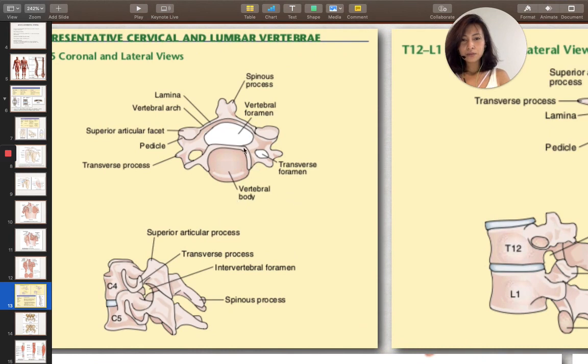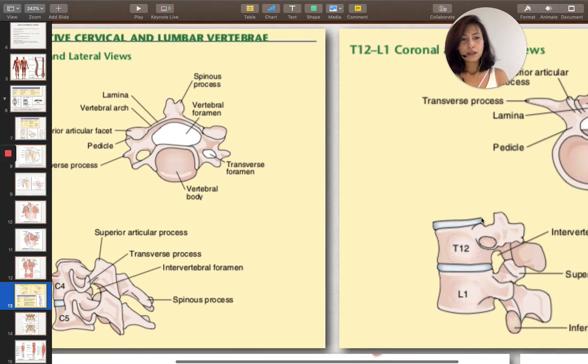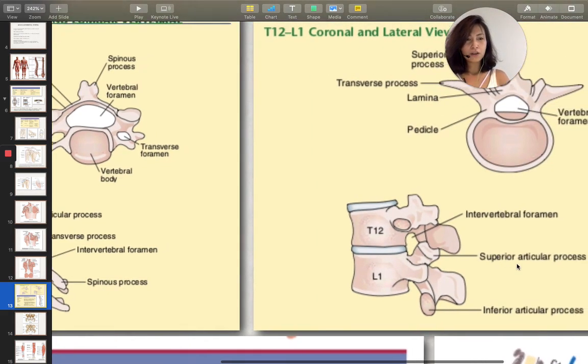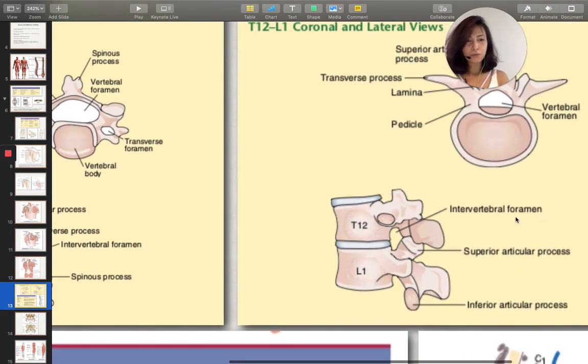And the vertebral part of the bodies and the transverse foramen. So these areas here and here is where your spinal cords are passing through, and then it also connects and threads under the loops of the intervertebral foramen, right? So this is how our bones and muscles connect.